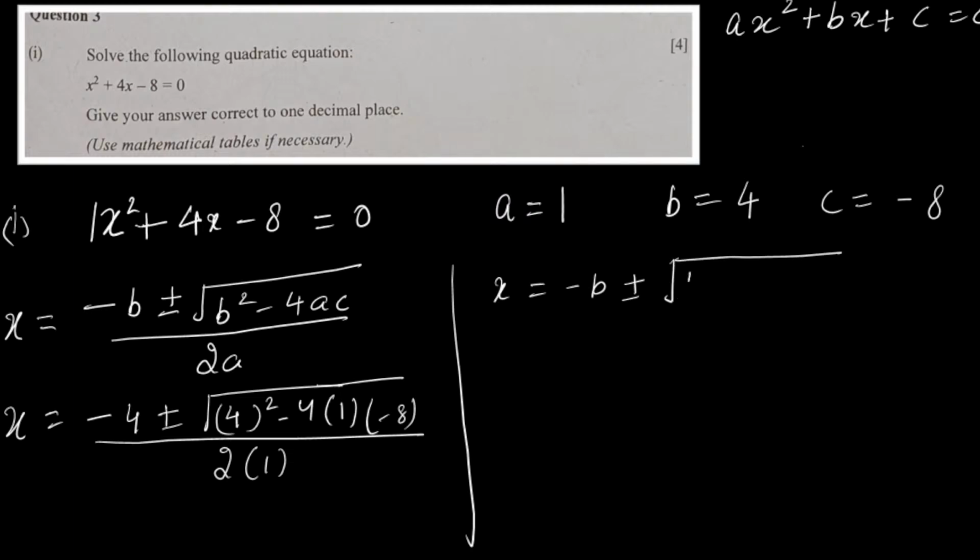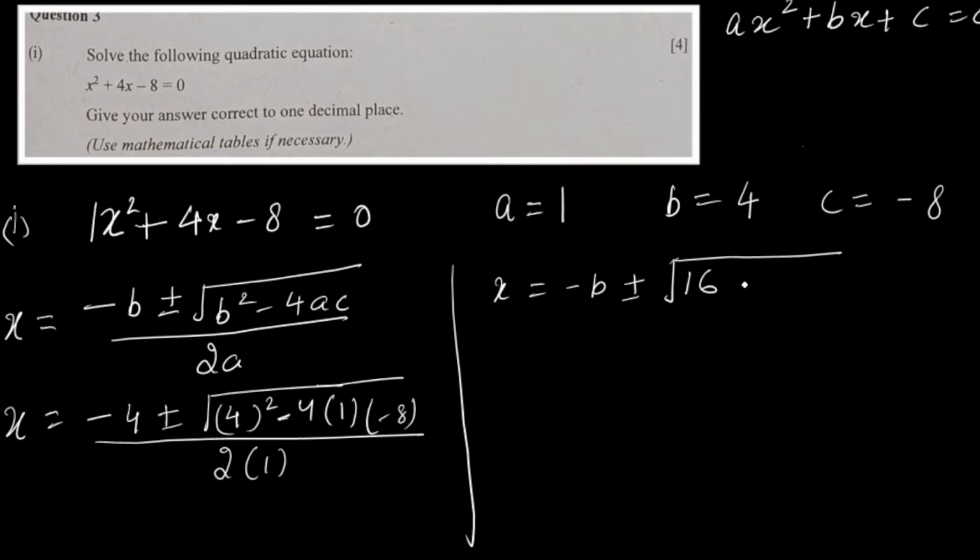So x is equal to minus 4 plus minus square root of 4 square, which is 16, minus 4 into 1 into minus 8.